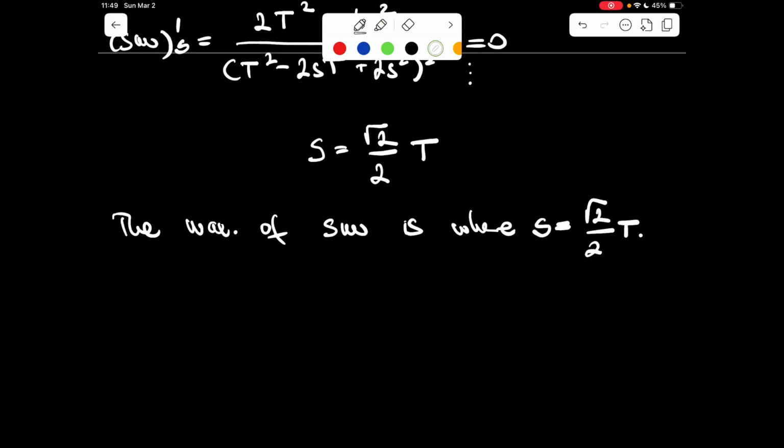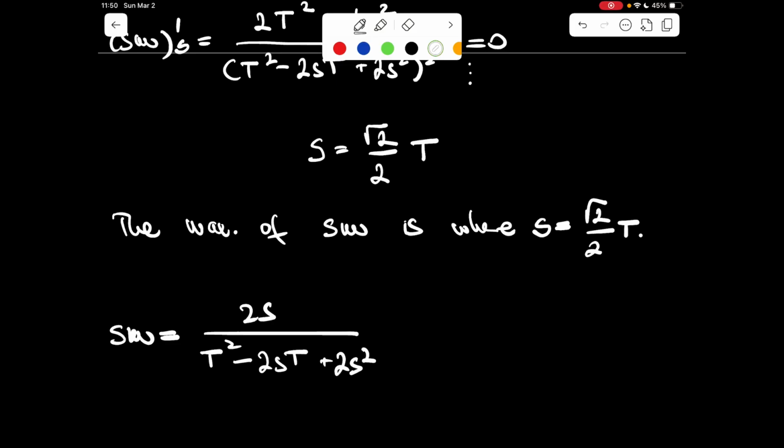So let's put this expression into the maximum, from which it follows that Sm is equal to this ratio.